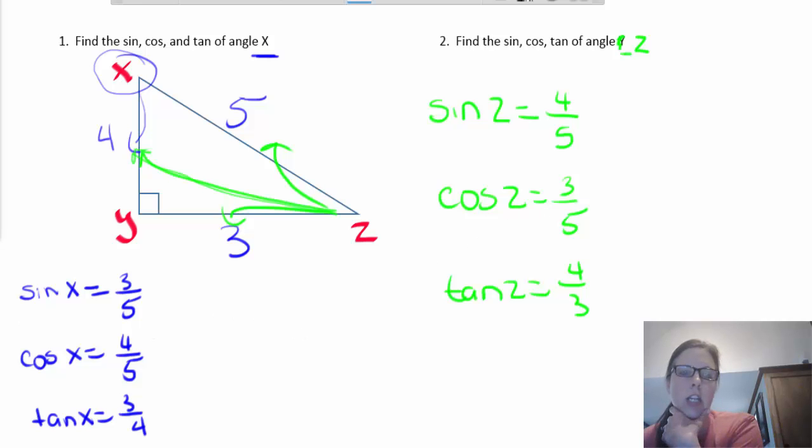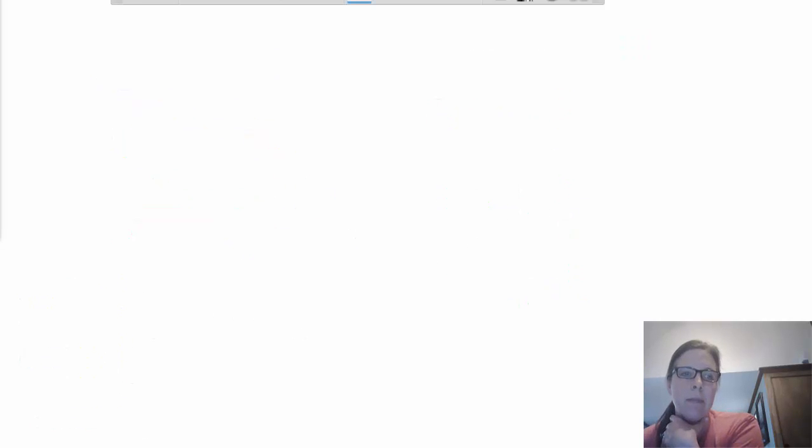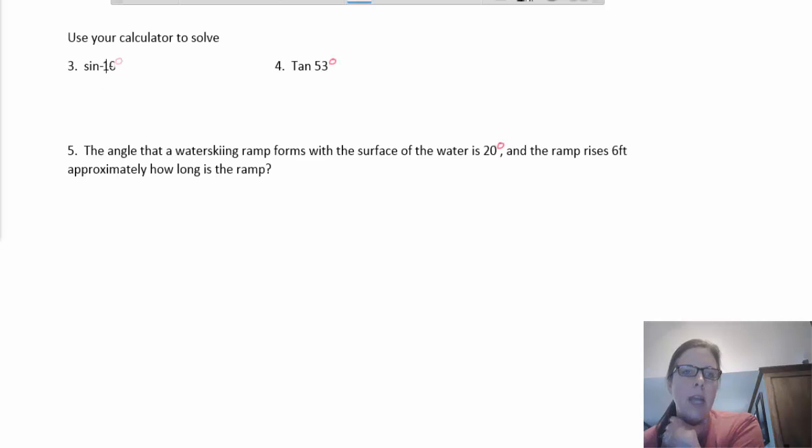Okay, and that's all you have to do on that. You're just kind of learning how to set them up. Okay. Now on here, you're going to use your calculator. You first have to go to mode and make sure you're in degrees and not radians, which mine was actually in radians.